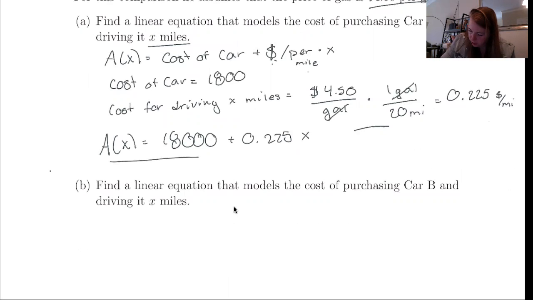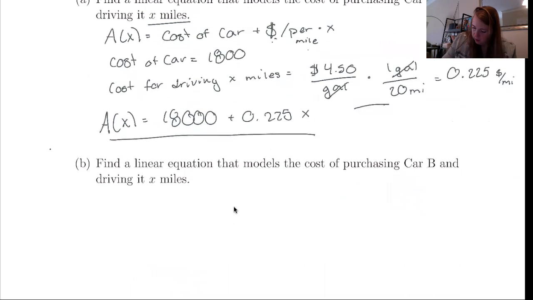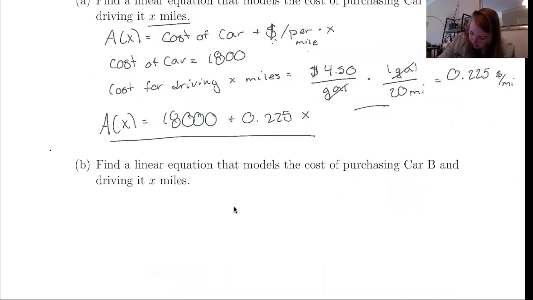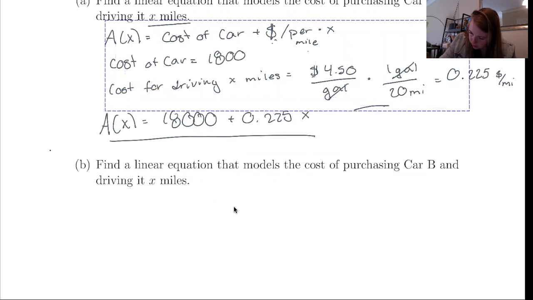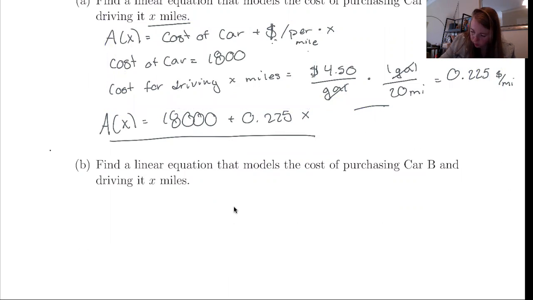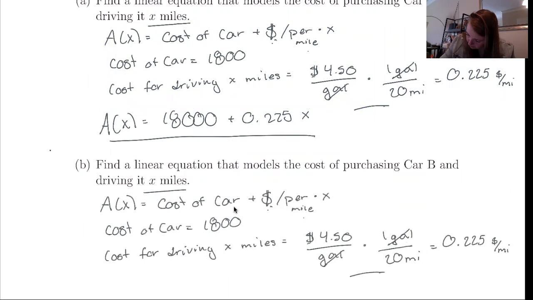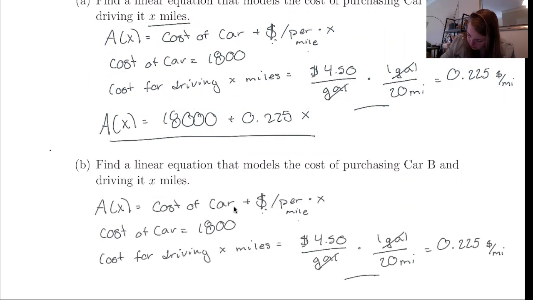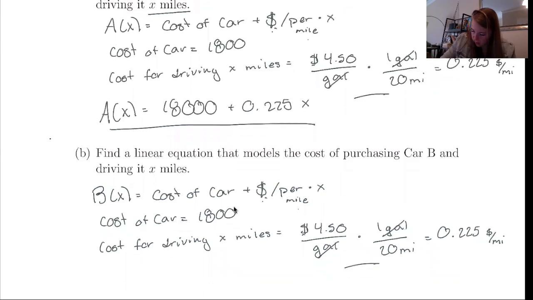Great. Now let's do it for B. So we're going to copy and paste this because it's going to be pretty much the same, just the numbers are changing. All right. So instead of A of X, we're going to call this B of X. The cost of that car is, oh, this should be another 0.